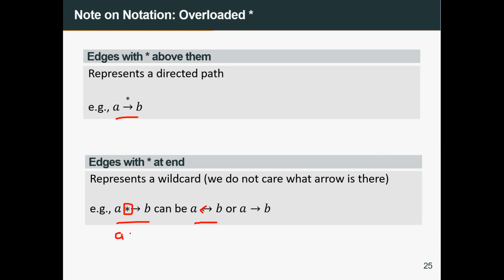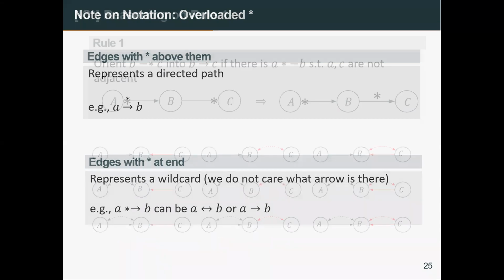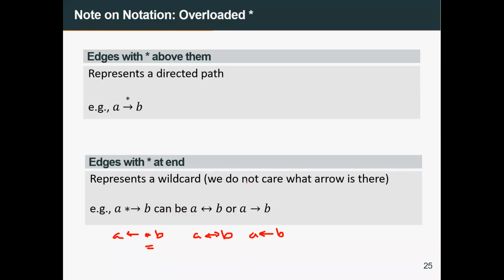If you have A arrow star B, for example, what that means is that you can have A arrow B, or you can have B going to A. So basically the wildcard is saying we don't care what's there, whether there's an arrow there or not. Okay.